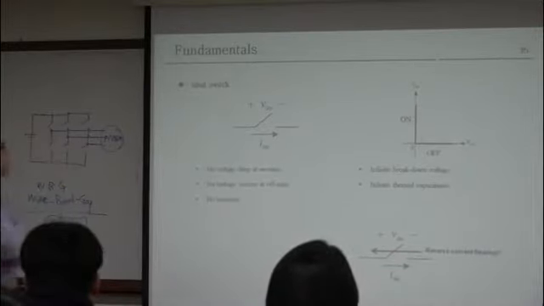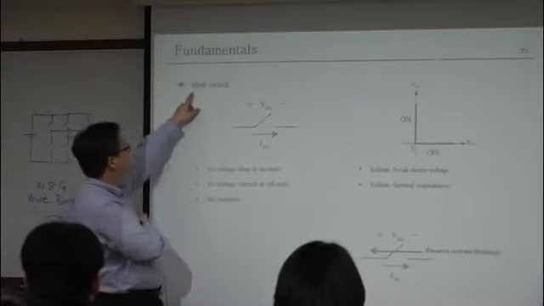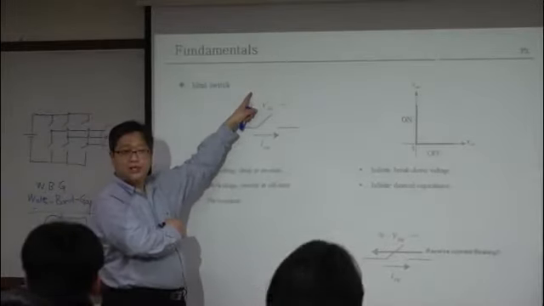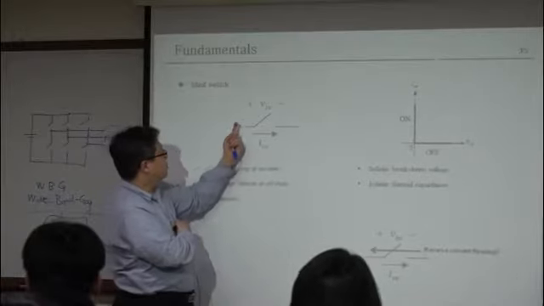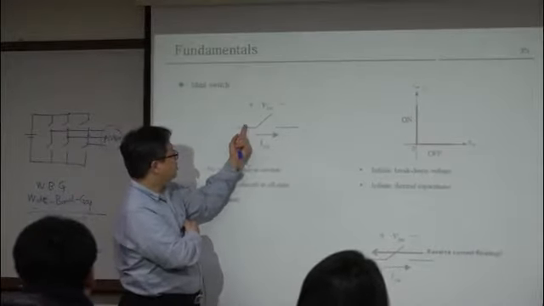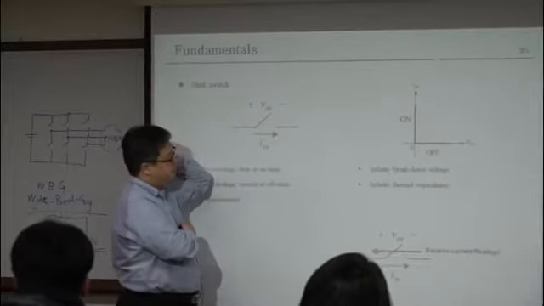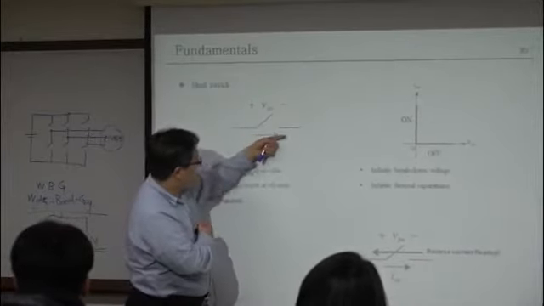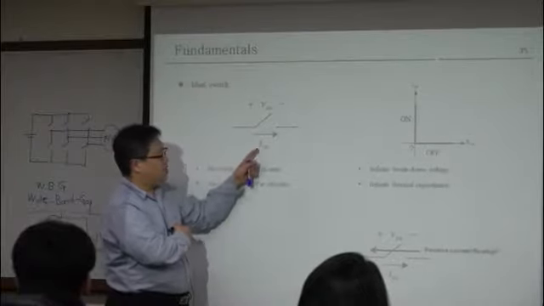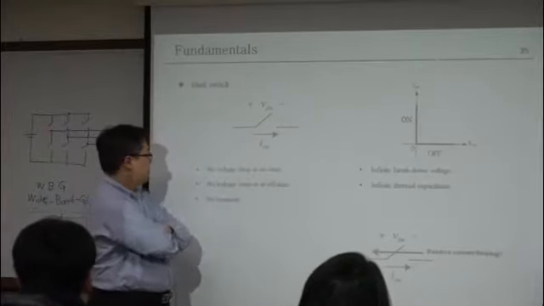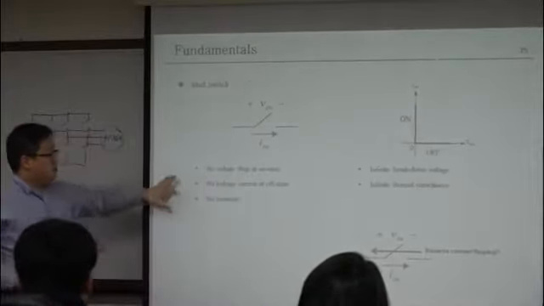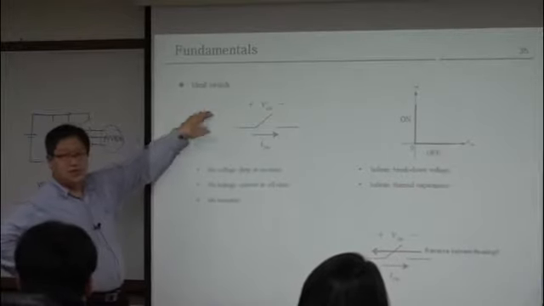This is the simple symbol of an ideal switch. We can define the voltage across this terminal and this terminal as VSW, switch voltage, and the current is defined as ISW, switch current, here. So this is a simple condition of an ideal switch.